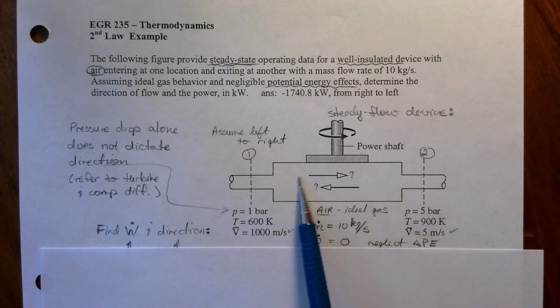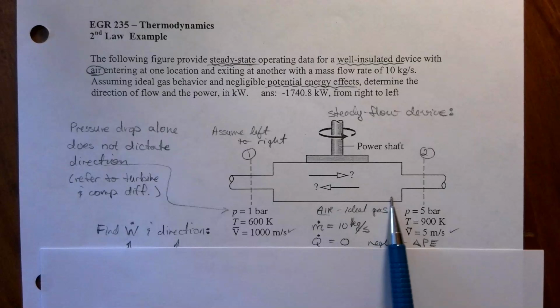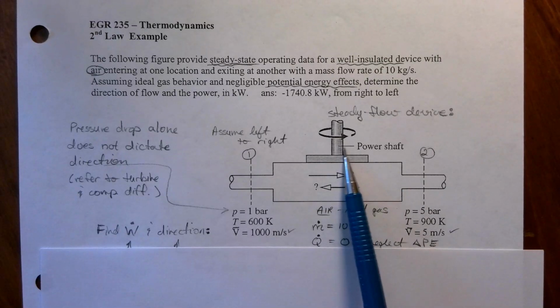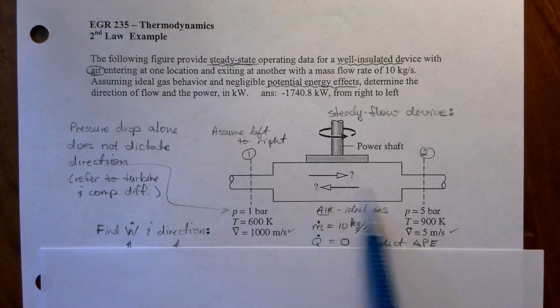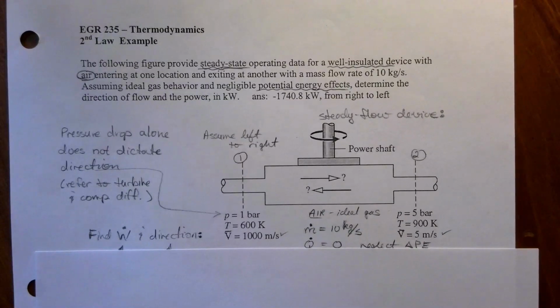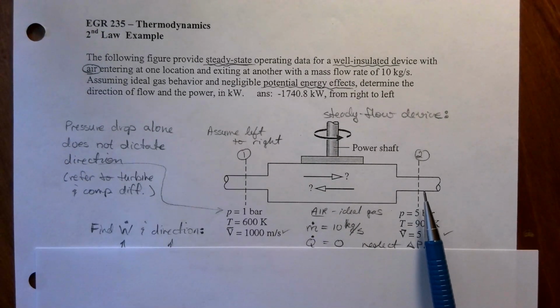That's actually not the case, because what about a diffuser? A diffuser is certainly from a low pressure to a high pressure. So we don't know if this is an effective diffuser with a power connection somehow, or an effective nozzle with a power connection somehow. We're not sure which way. So we need to do a little bit more than that to show which way the device is going.